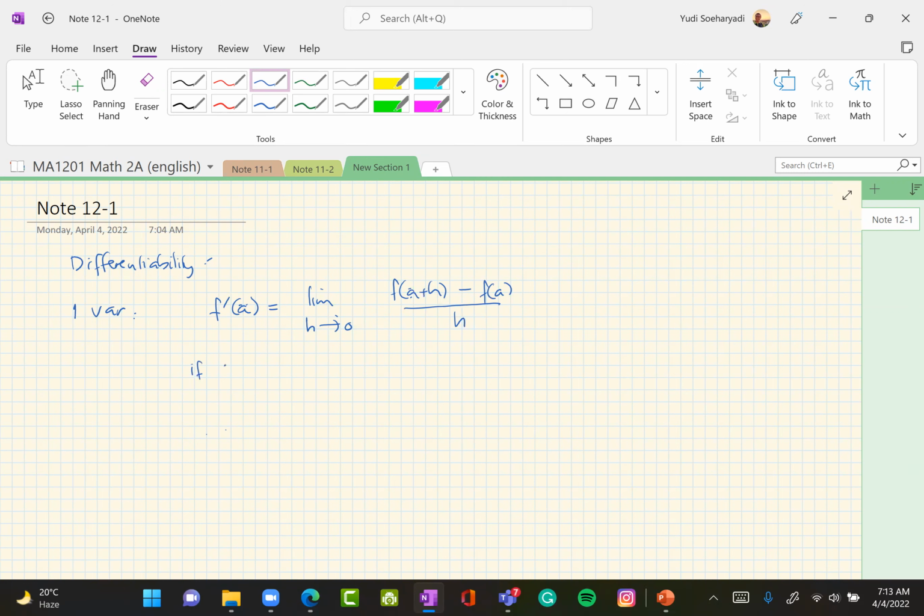If the limit exists, then we say this is differentiable.